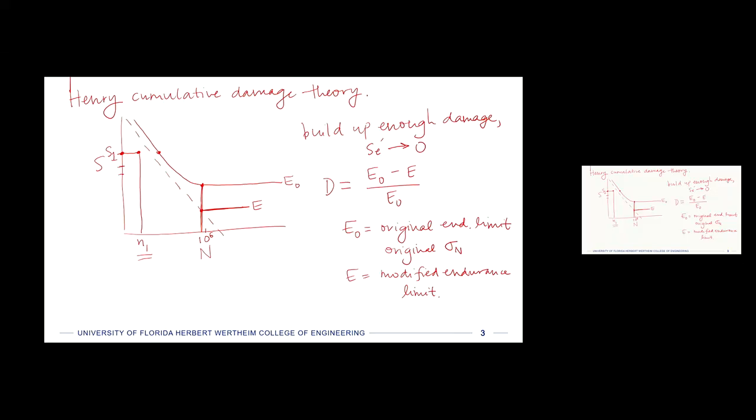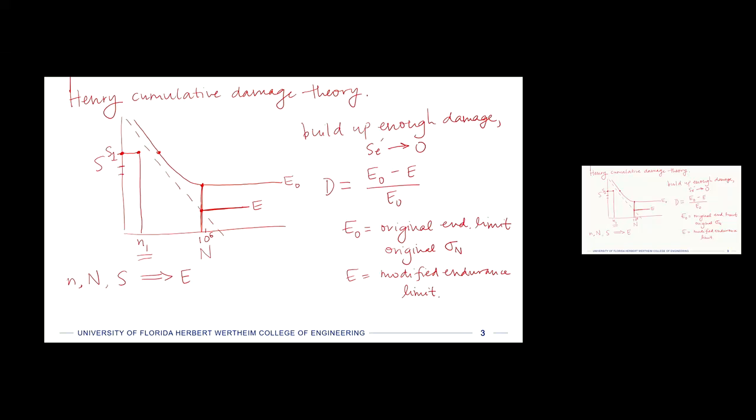And so then we can think about the combination of little n, how many cycles we're applying, big N, the number of cycles it's expected to last, and what stress we have applied, and those are going to combine to give us our modified endurance limit E.